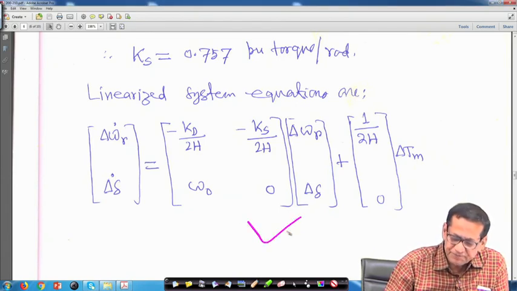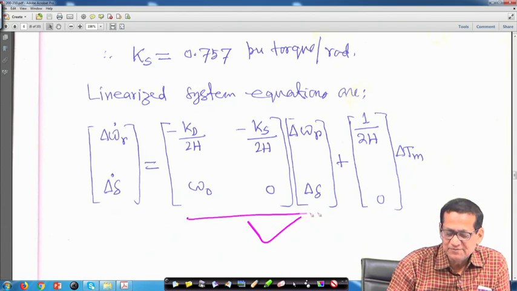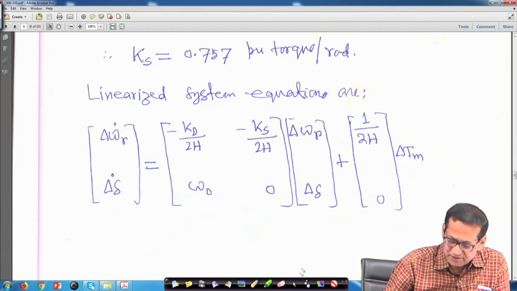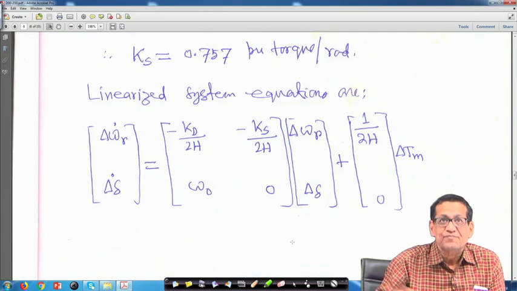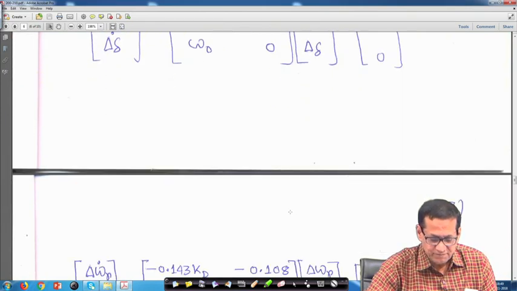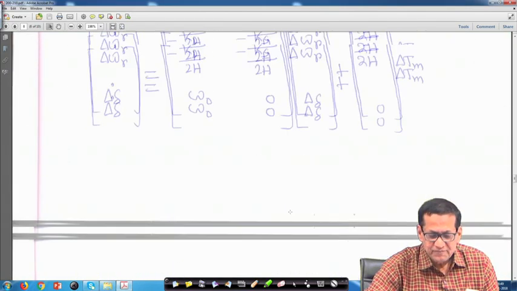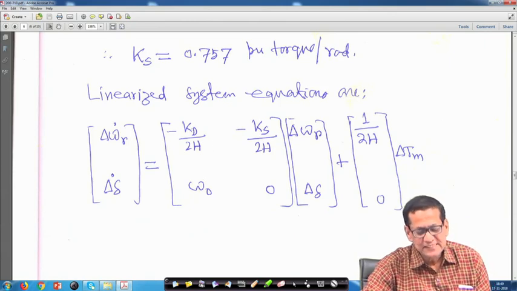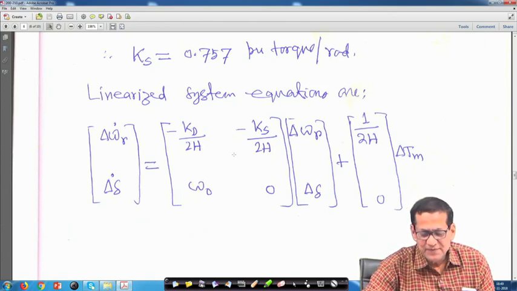So, earlier we have derived this equation, right. We are using k d equal to 10, the value of h is also given, and k s we have just determined, right.